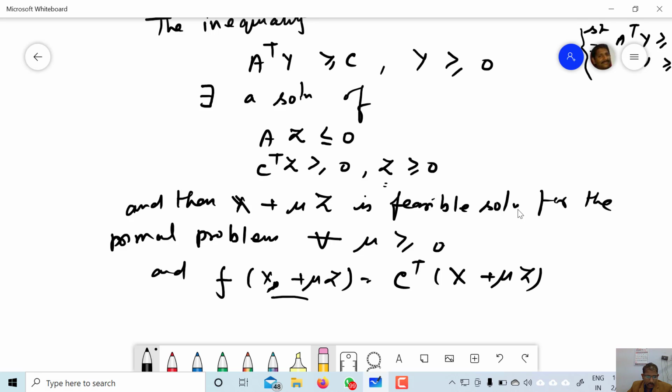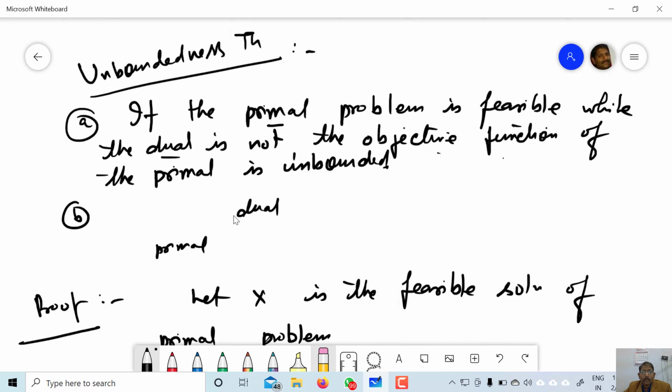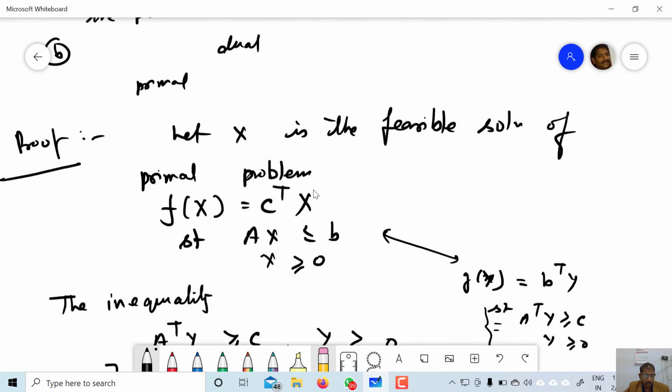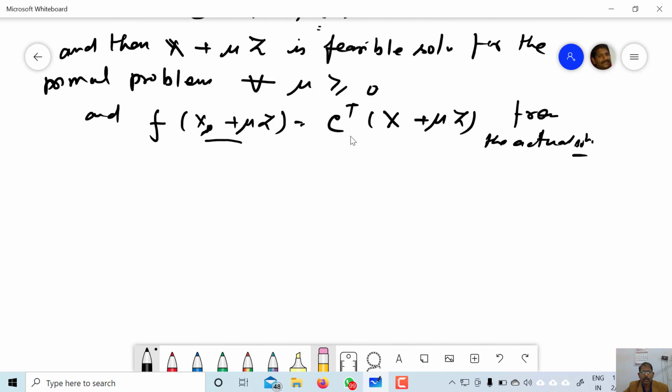We can write it because it is the actual solution, from the actual solution. Okay. So in this way, this is proved that if the basic problem is feasible while the dual is not, the objective function is unbounded, because this function is an unbounded function, therefore it is proved here.